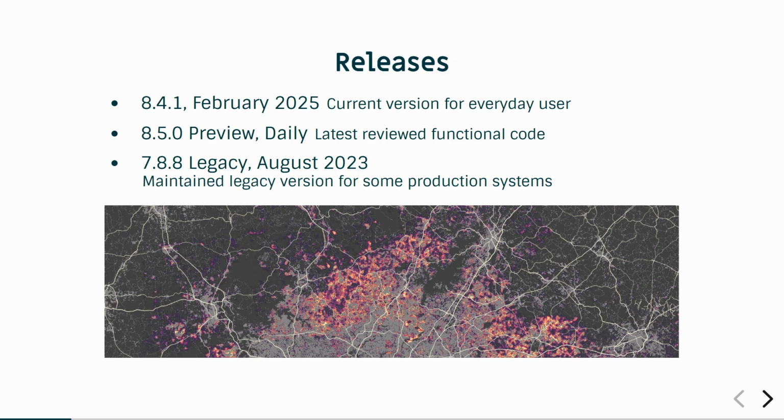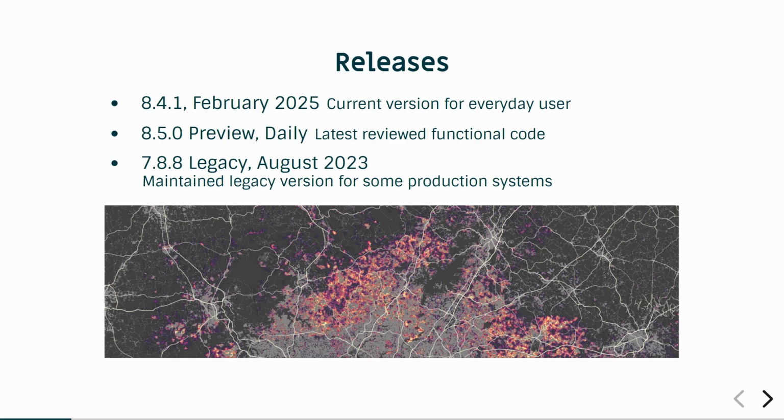We just had a new release, 8.4.1. And how the releases work is that we have a stable release that would be the 8.4.1 at this point. That's your current everyday user version, which you can download for different operating systems.